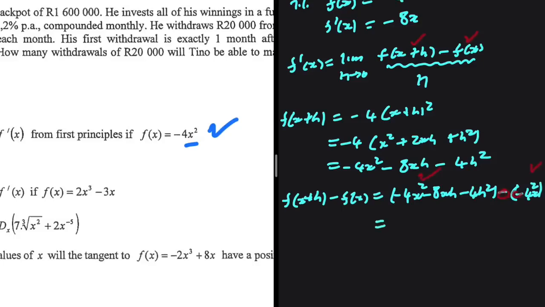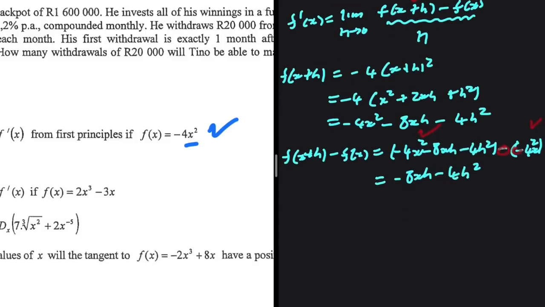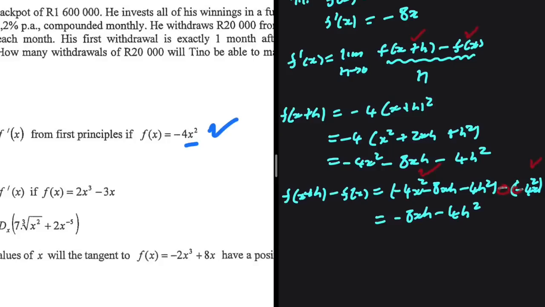So f of x plus h minus f of x is just equals to minus 8xh minus 4h squared. If we substitute it back into our equation, we're going to have f prime of x being equals to the limit as h tends to 0 of minus 8xh minus 4h squared, everything divided by h.